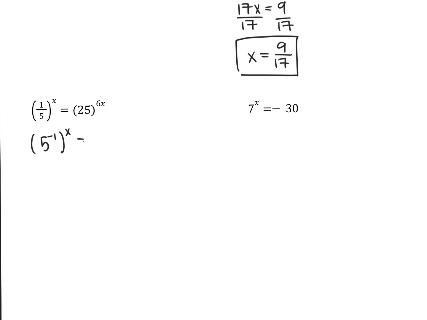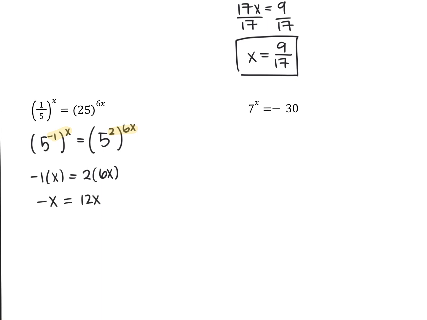Okay. Now I need to also rewrite 25 as 5 raised to a power, and I know 25 is 5 squared. And I still have my 6x. So I have to do -1 times x, and I have to do 2 times 6x. I get -x equals 12x.